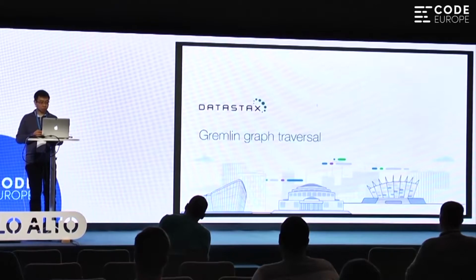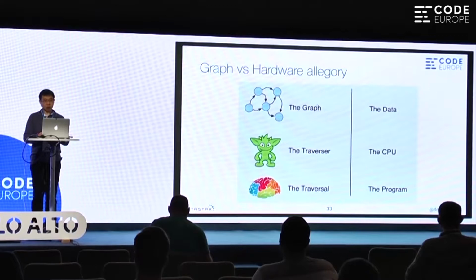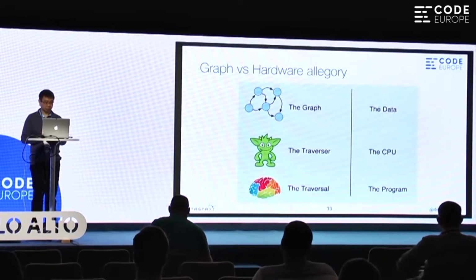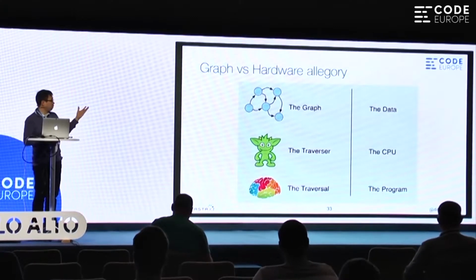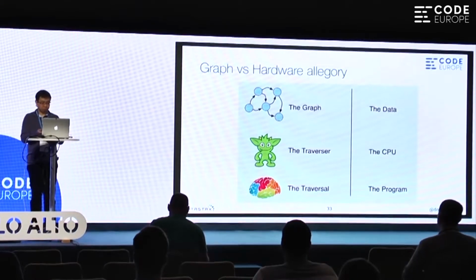Let's move on. So now let's focus on the query language. How can I read my graph data? To query my graph data, I'm using Gremlin. I need to define some vocabulary. The graph is your data, which is sitting on disk.